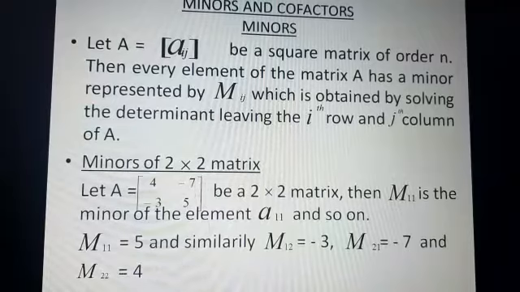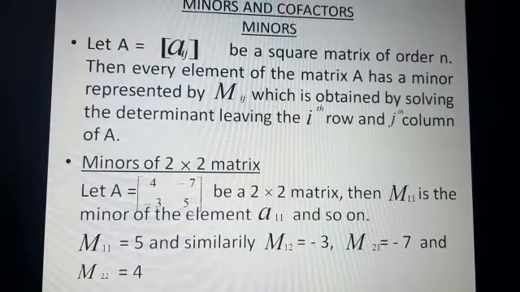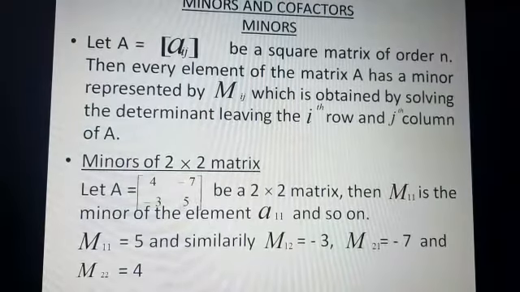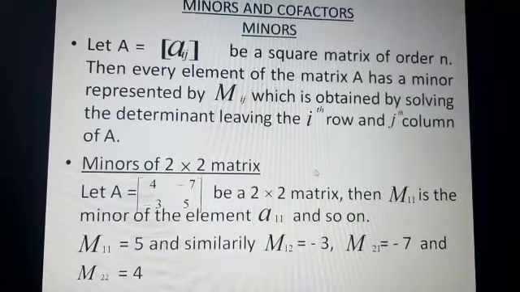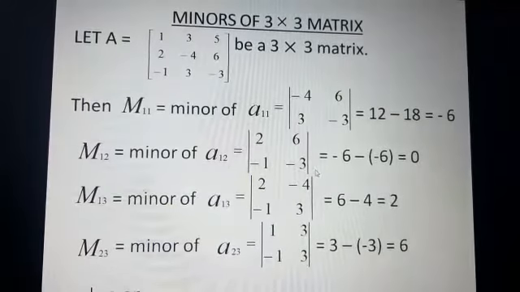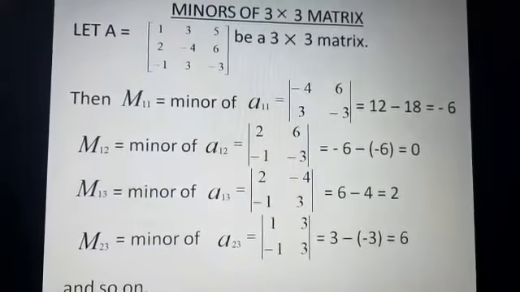And M22, the minor of element A22, is 4 after leaving the second row and second column. So finding the minor is not a difficult task.